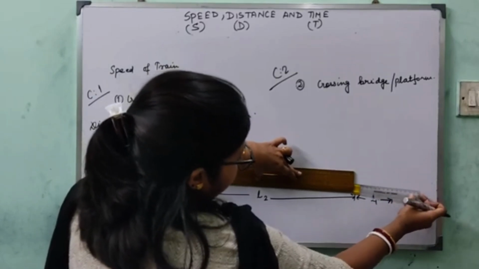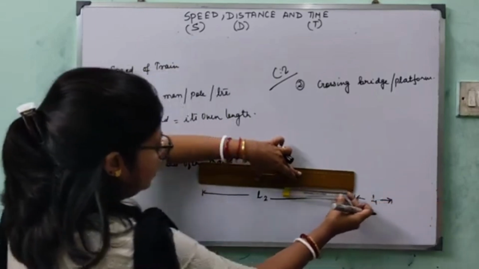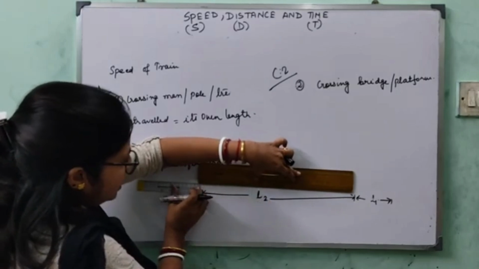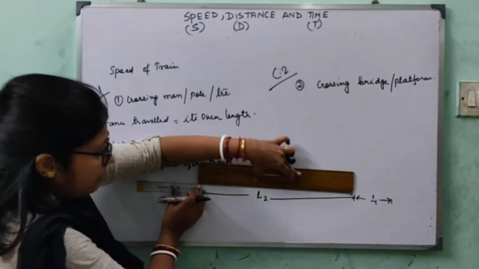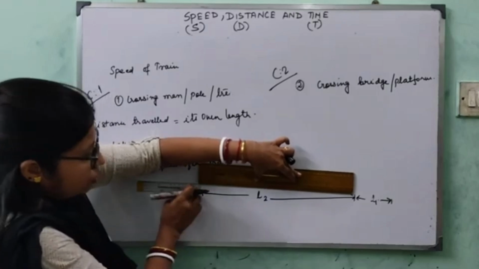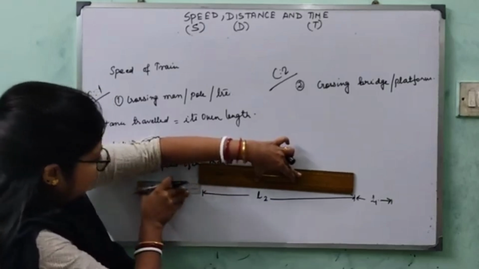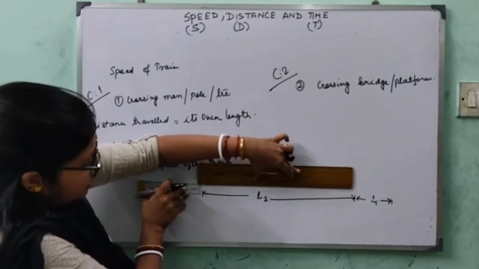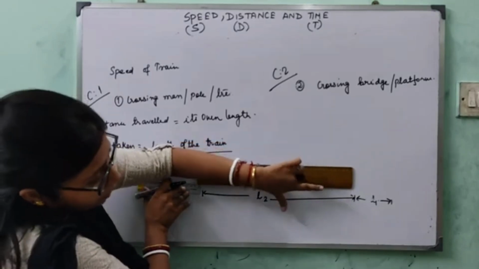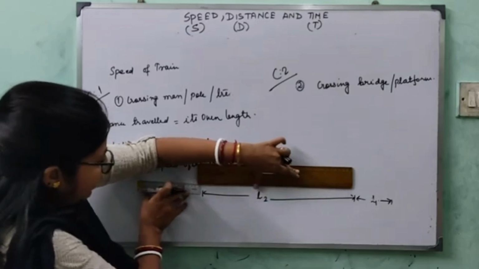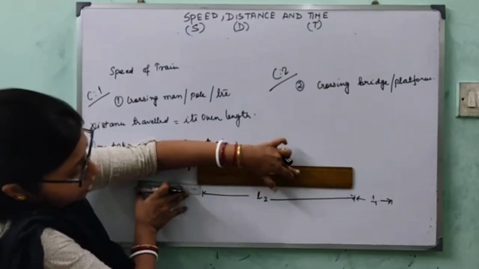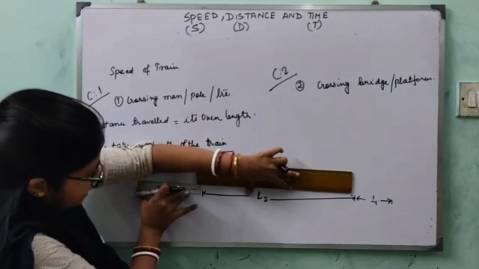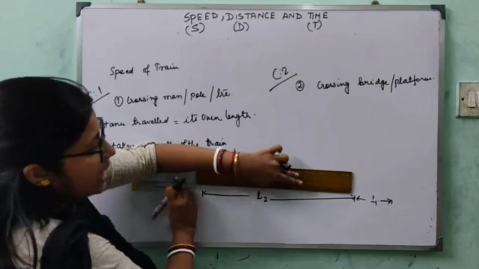Now as the train is moving, you can see when the end part of the train is here, it crosses the platform entirely. So what is the distance traveled by the starting part? The initial point was at that end, and now finally it is over here. So what is the distance traveled? L2, that is the length of the platform, plus the length of the train. The length of the train is L1.